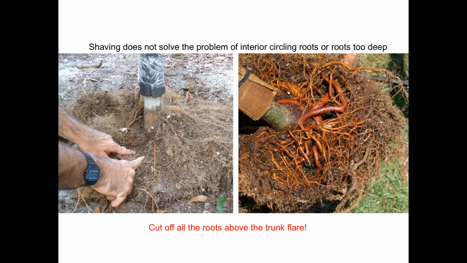The real issue with that is it does not address root issues on the inside of the root ball, and as trees are moved from container size to container size or liner to the field, if circling root issues are not addressed during that process, you can end up with a very significant problem that you don't see.